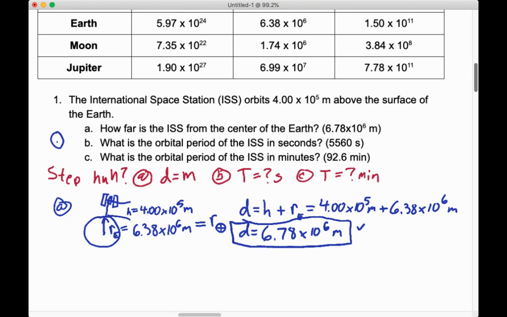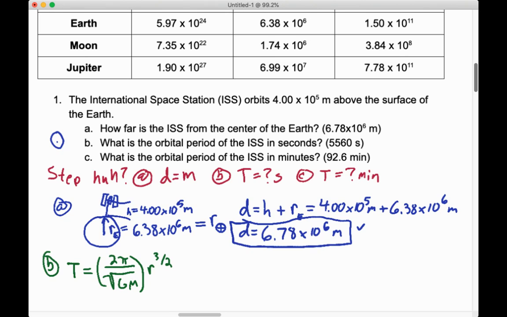So we actually have a couple of formulas for the period. We have an ugly version of Newton's version of Kepler's third law. So that is T is equal to this whole quantity, 2 pi over the square root of GM, times r to the 3/2 power.